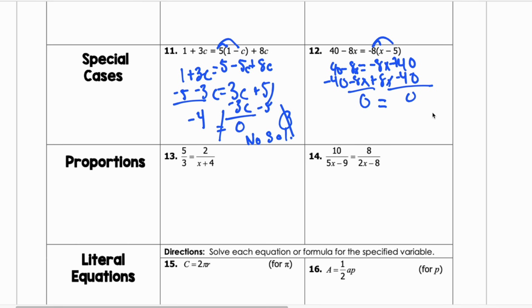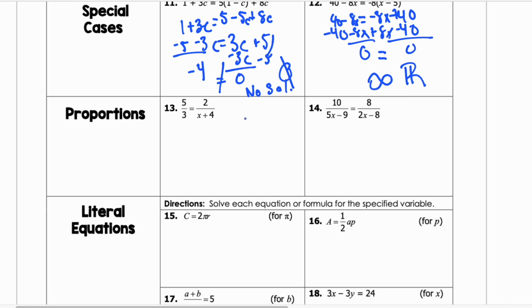So 0 equals 0 is my answer. Well, that makes sense. 0 does equal 0. So in this case, any solution we put into x would allow this equation to work. So in this case, you would put an infinity sign and say all real numbers. And this is where we'll see that special R with the two lines through it.